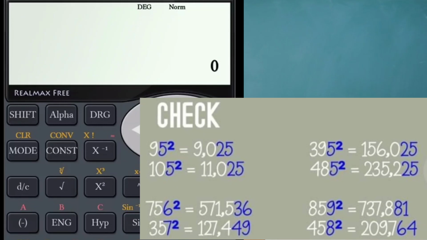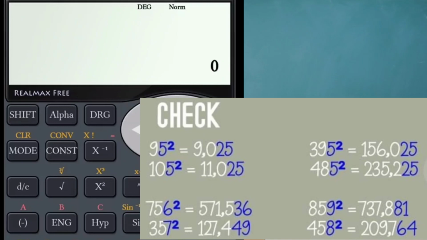The third one is 395 squared. That is 156,025, correct. And the last example for the first conjecture is 485 squared, which is 235,225, correct. So all our examples in the first conjecture are all correct.